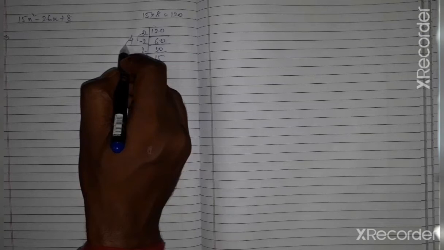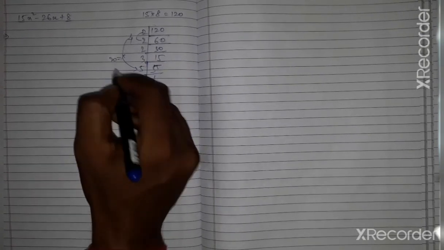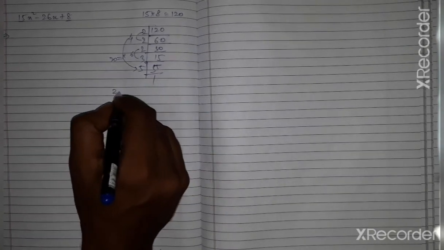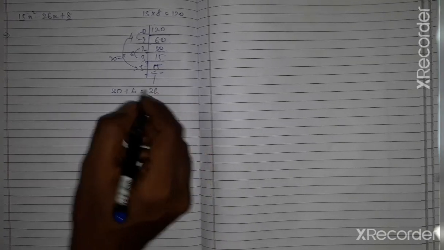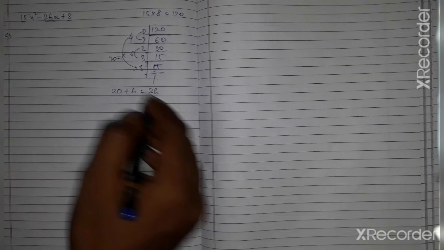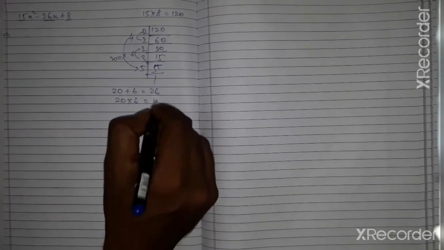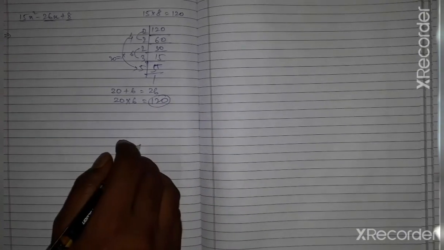And when 4 is multiplied with 5, it becomes 20. And 2 into 3 becomes 6. Now if I add 20 and 6, I will get 26. That is my middle term. And if I multiply 20 by 6, that is equal to 120. That is the product of a and c.